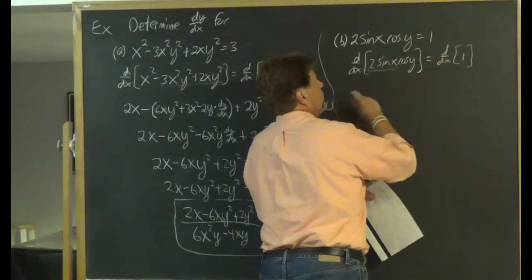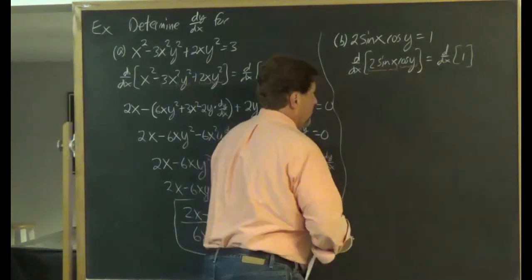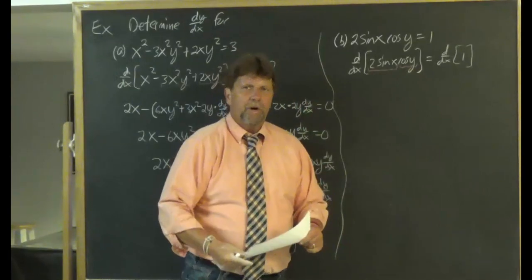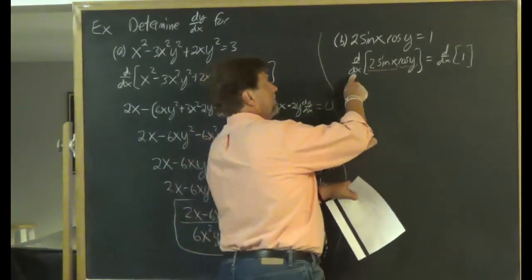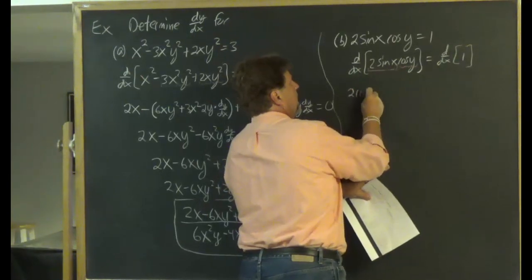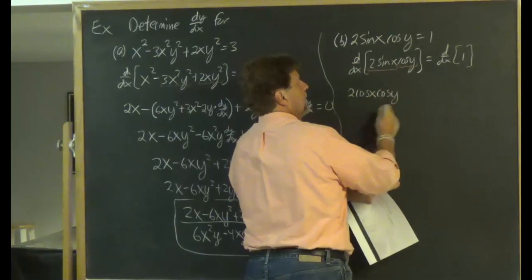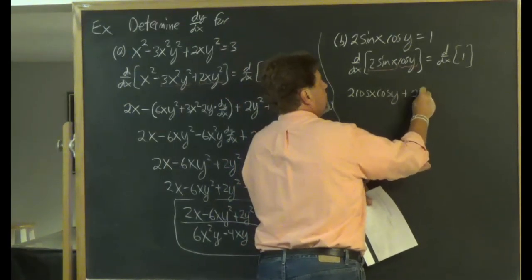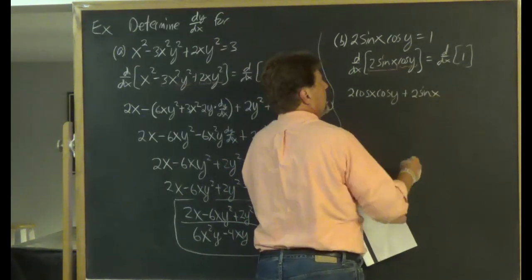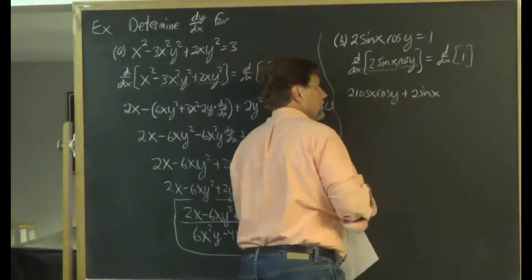We have a function 2 sine x times another function cosine y. So we start off, we use the product rule. So here we go. The derivative of the first function, well, that's a 2 cosine x times the second function, cosine y, plus the first function, 2 sine x, times the derivative of the second function, cosine y.